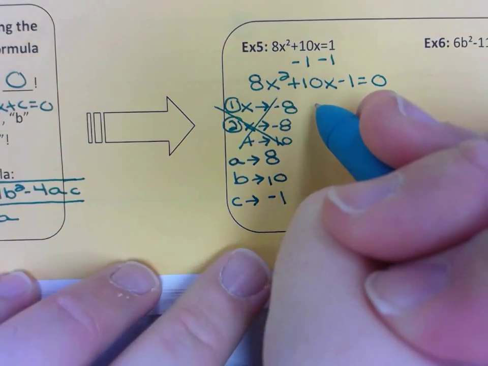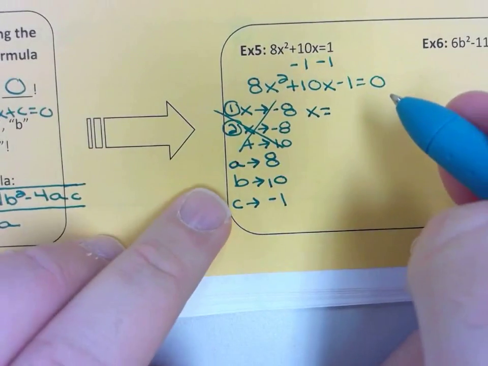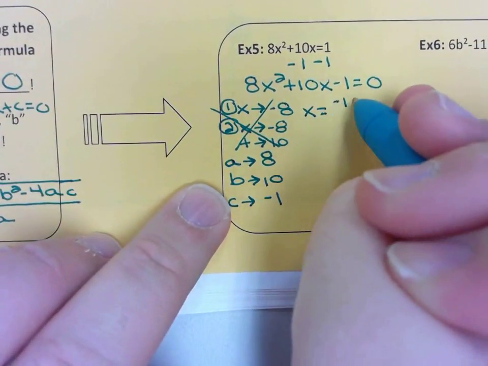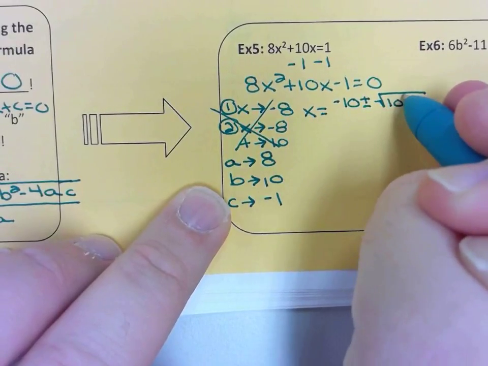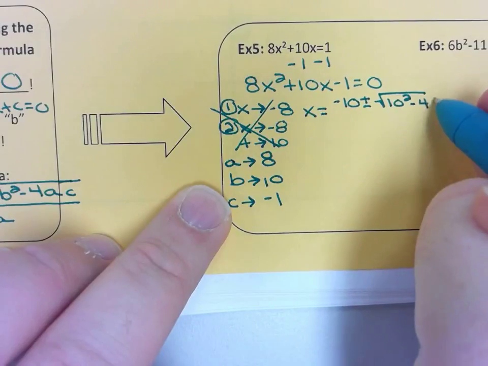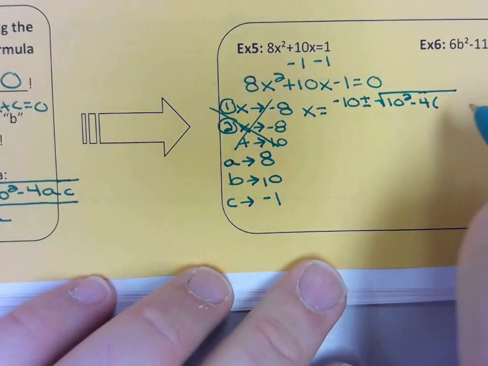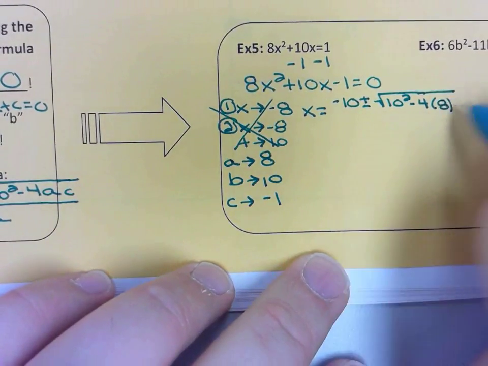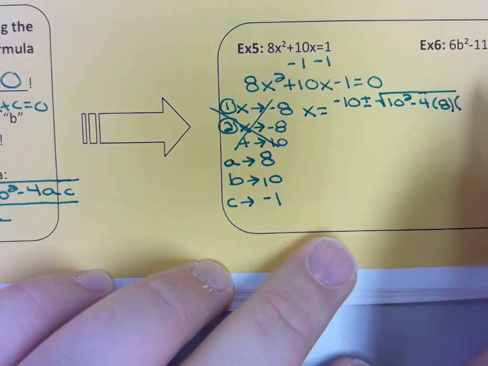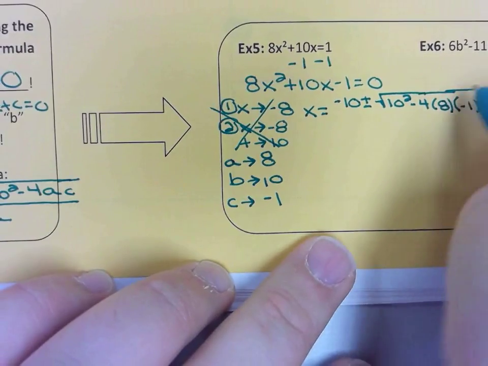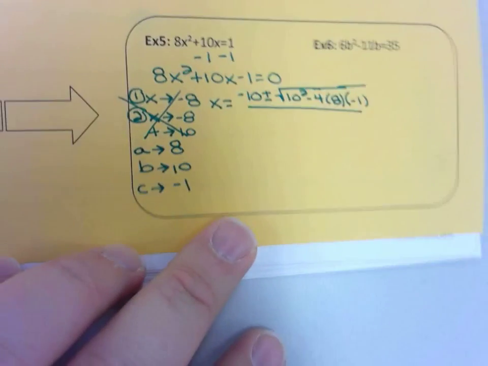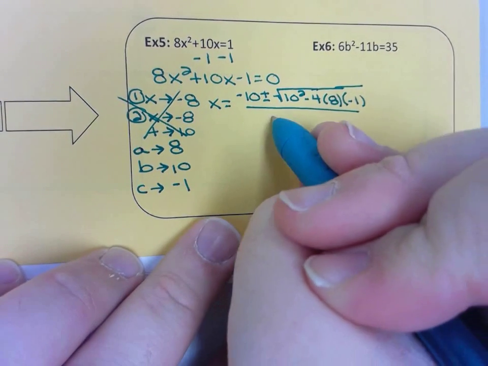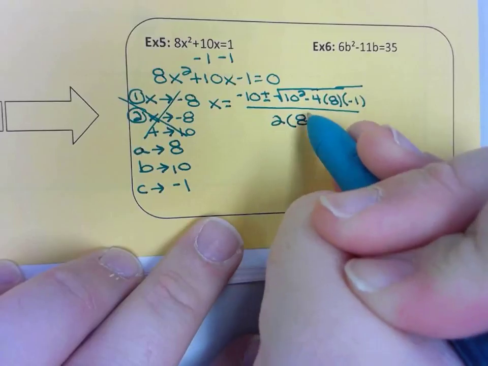Plug it into your formula. x equals negative b, so negative 10, plus or minus the square root of 10 squared, minus 4 times a, which is 8, times c, which is negative 1, all over, we'll do example 6 on the back so you can run into that space, that's fine, I didn't give you a ton of space, 2 times 8, 2 times a.